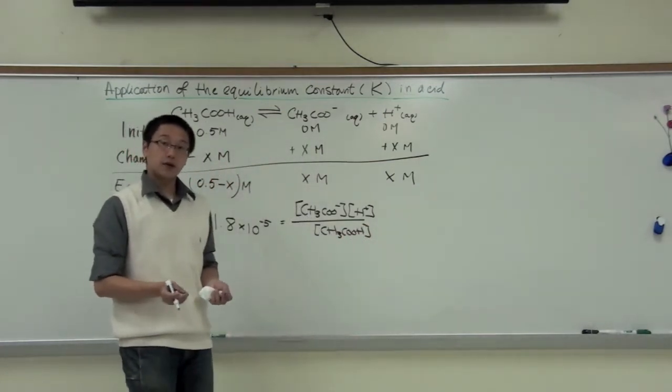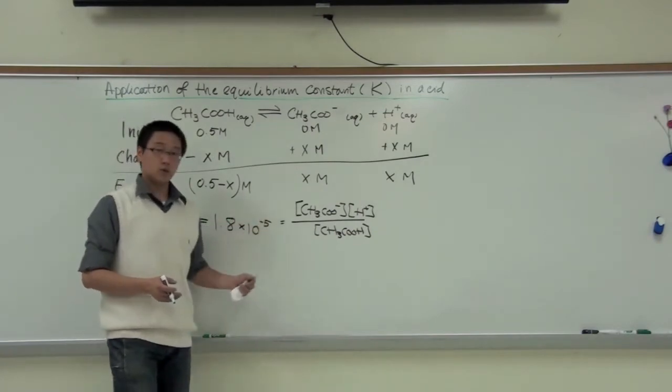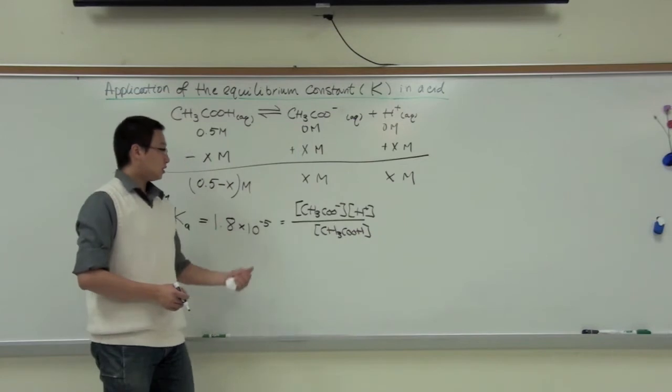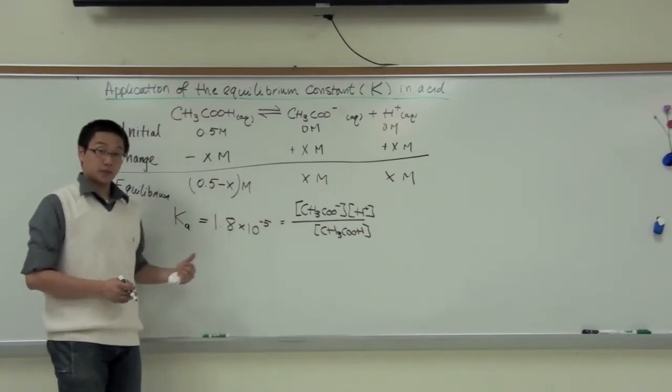Based on what we learned, it is always going to be product over the reactant. So now we have the product over the reactant is equal to this number.